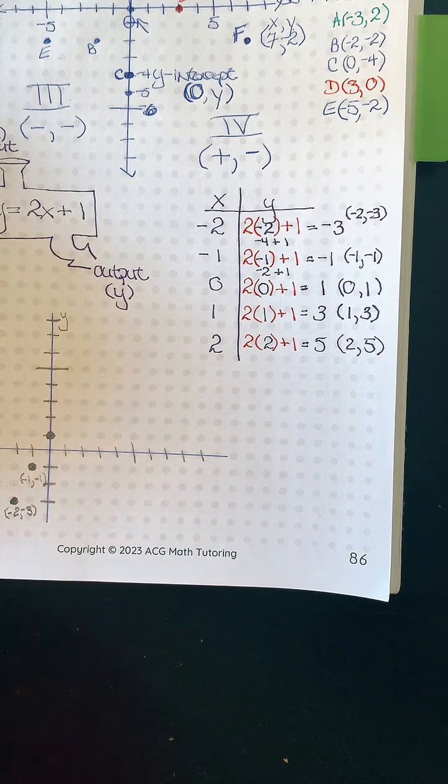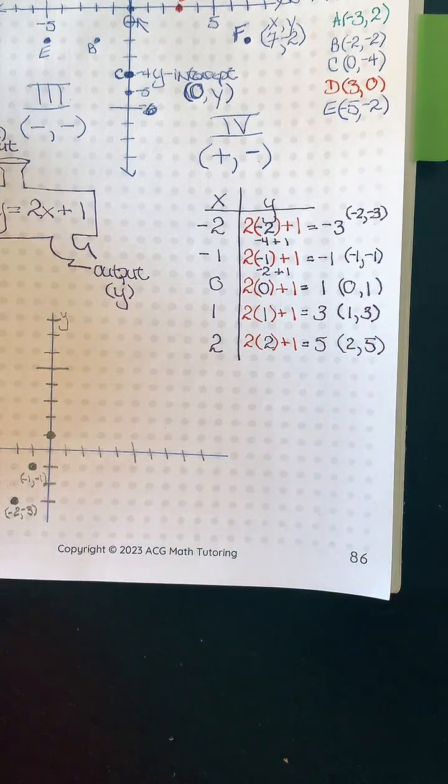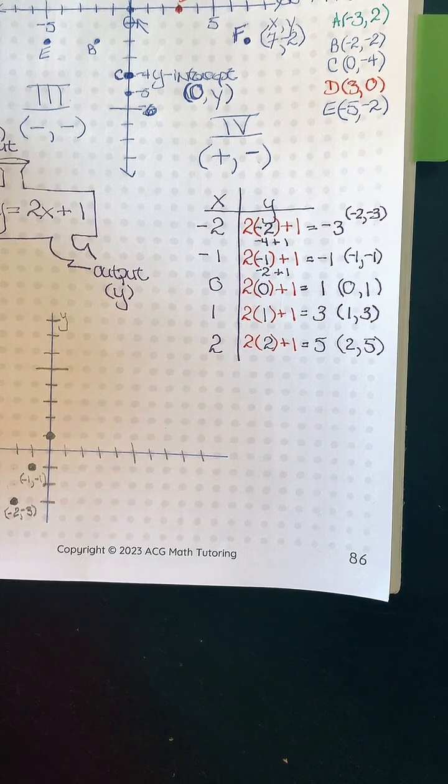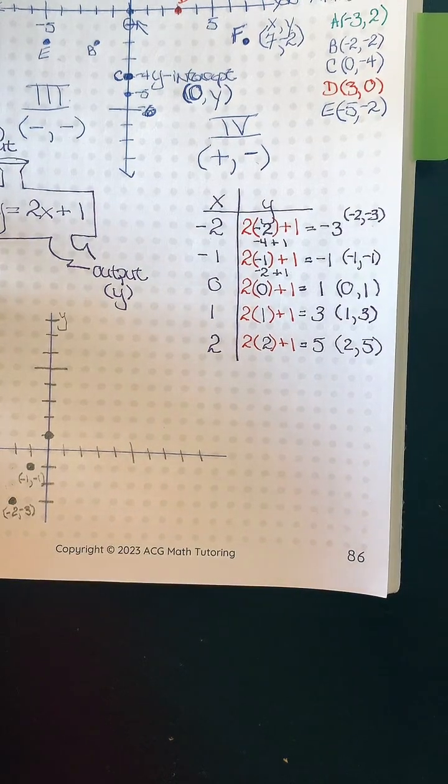Okay, 1, 3. What quadrant would that be in? Okay, Peaches, take your time, because I know what you're doing, because Smiley's doing the same thing. We're thinking the right answer, but you're writing the wrong one down.